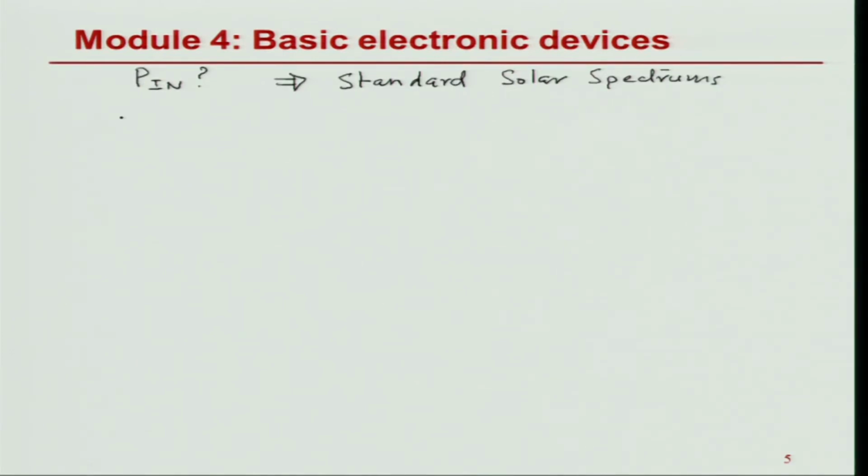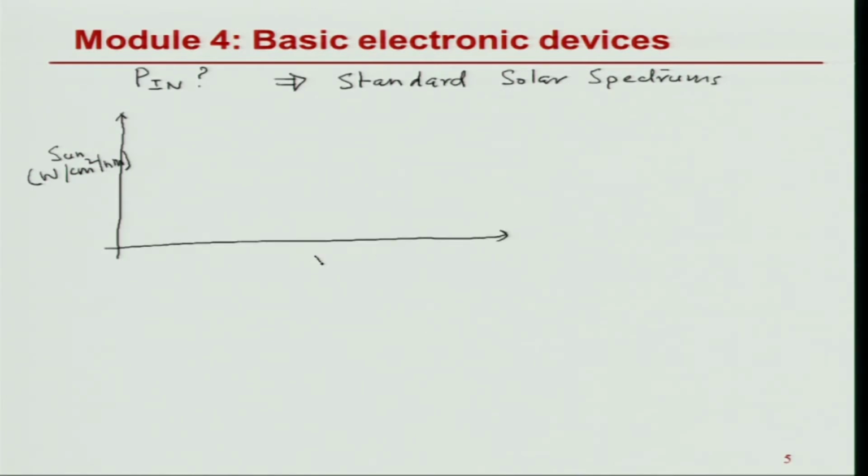And the general nature of this spectrum is such that if I plot the sun power in terms of watt per centimeter square per nanometer as a function of lambda, it ranges almost from 250 to close to 3000 nanometer, and we know the visible range is between 300 to 700 nanometer.